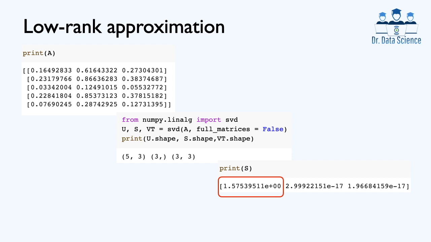And here is exactly what we were talking about. If you look at it, S1, the first element of this one-dimensional array S, is much greater than the rest, because the rest of them are on the order of 10 to the power of negative 17. So this means that we can just keep the first one and get rid of the other 2 singular values.